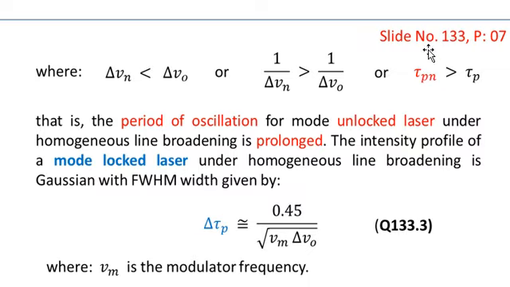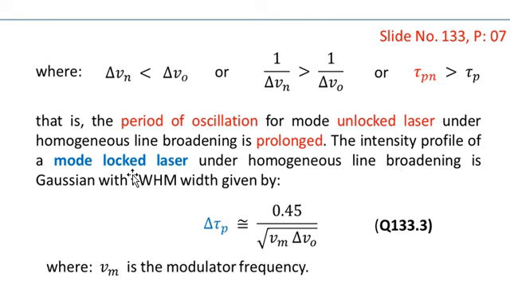So we can say that this period tau pn is prolonged, is greater than tau p. That is, the period of oscillation for the mode unlocked laser, which is tau pn under homogeneous line broadening, is prolonged, that is greater than the time of the pulses when it is locked.